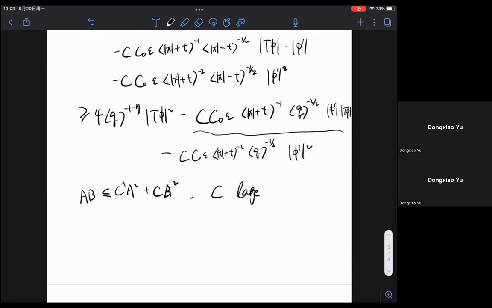Using such an inequality, I can split the second term. I can write the second term as the following.